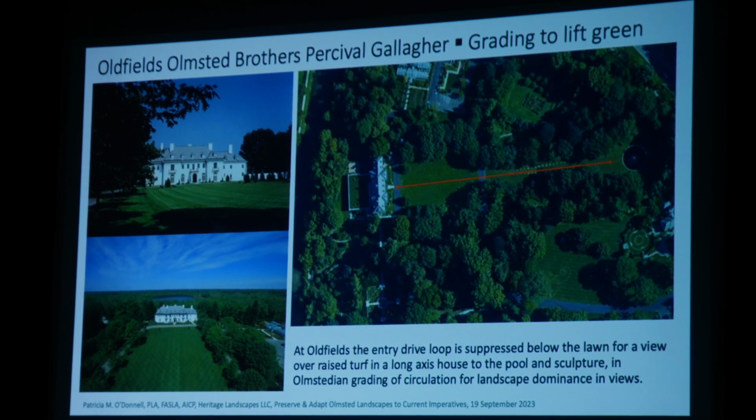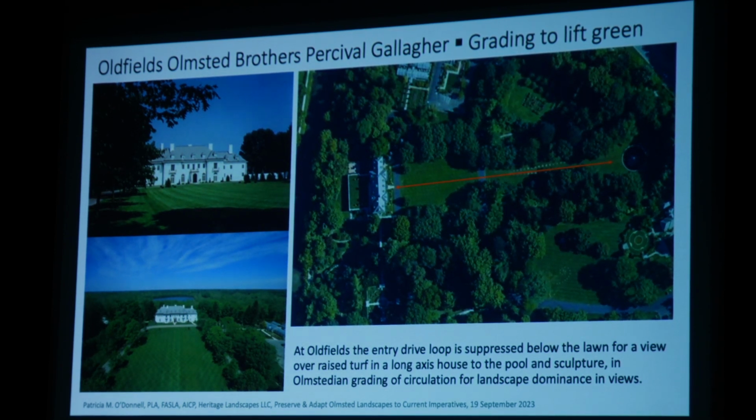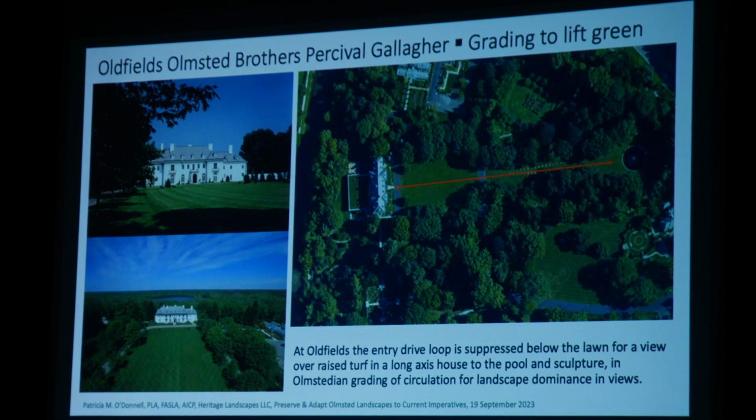For Oldfields, the Olmsted brothers, with Percival Gallagher as the principal in charge, organized the grading to lift the green areas, the lawn in front of the house and the lawn access to the pool and fountain.